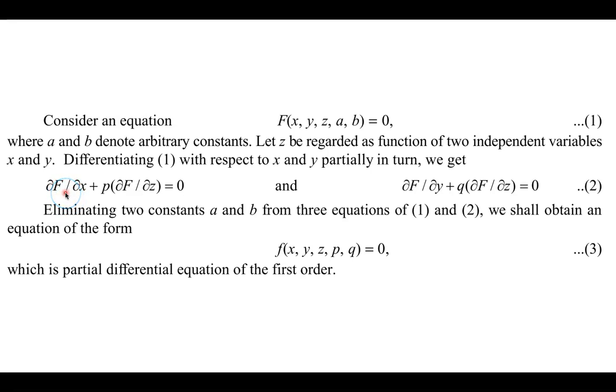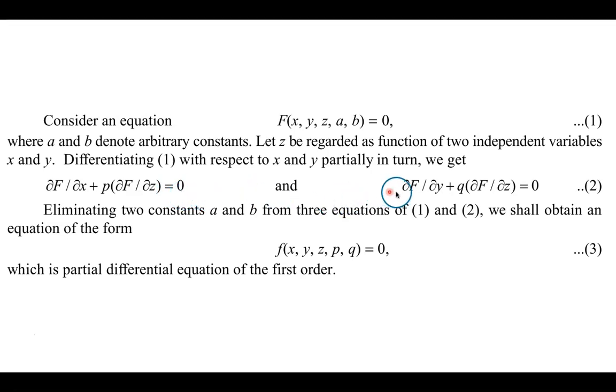That is, we get ∂f/∂x plus, since z is a function of x also, we get a term ∂f/∂z into ∂z/∂x when we differentiate the LHS with respect to x. ∂f/∂z into ∂z/∂x can be expressed as p, equal to the derivative of the right side. Since RHS is 0, this is also equal to 0.